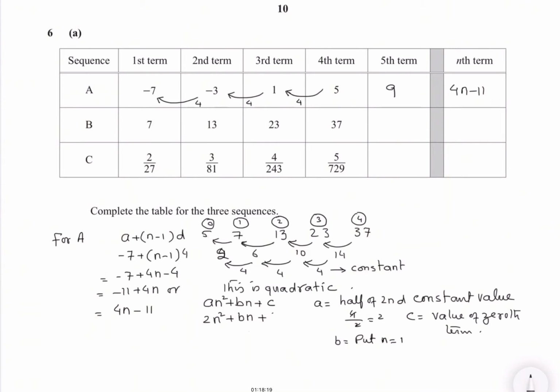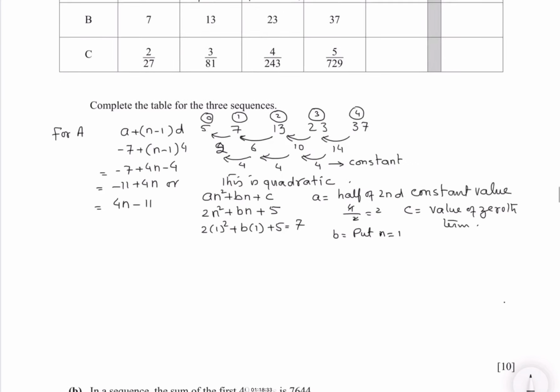So put all these values in. First you find out A, then you find out C, and after that you find out B. Never try to find out B after A. So always put the value of n equal to 1 because it's simple to solve. When you put the value of 1 in n, then equate the whole with 7 because you have put the first term value.